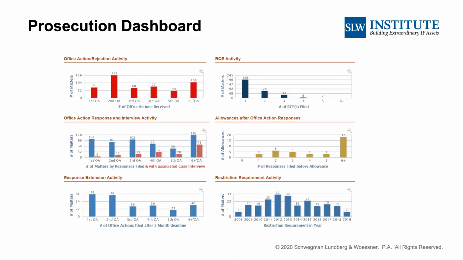I think more companies are looking at extension of time fees for U.S. prosecution, and that's a good move because those fees are going up, and they can be a significant part of the budget. So that's an effort that is well worthwhile, and a dashboard like this can illustrate the magnitude of those costs quite well.